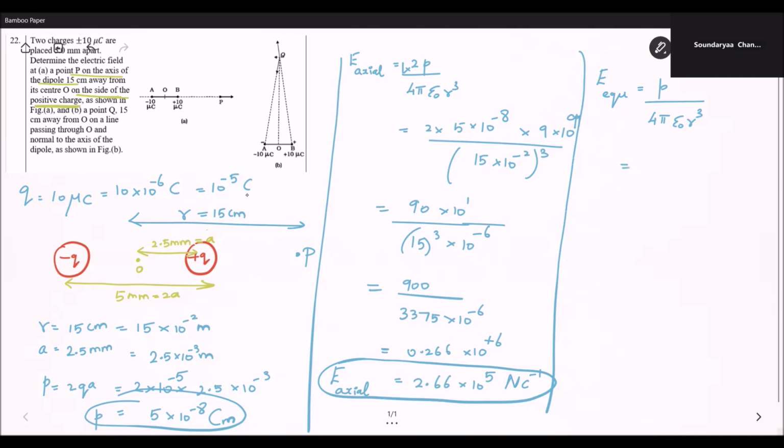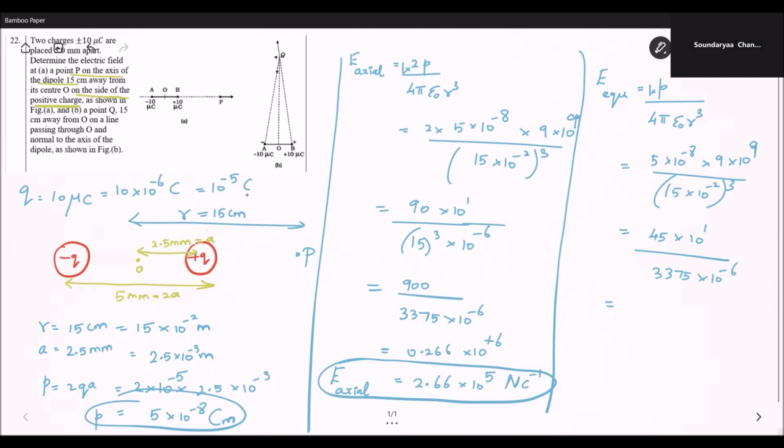So p by 4 pi epsilon naught r cube. What is p value? 5 into 10 power minus 8. And 1 by 4 pi epsilon naught is 9 into 10 power 9, by r cube. It is 15 into 10 power minus 2, the whole cube. 5 nines are 45 into 10 power 9 minus 8 is 1. 15 cube is 3375. 10 power minus 2, the whole cube is 10 power minus 6.